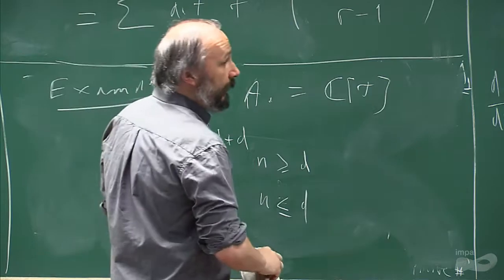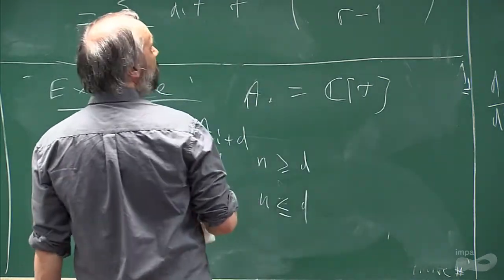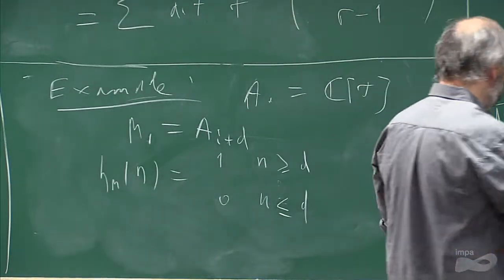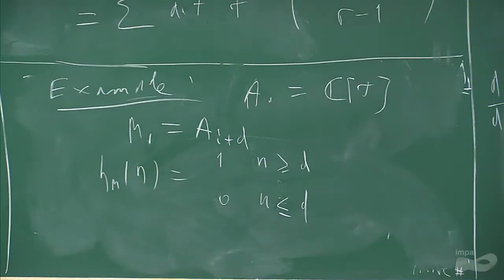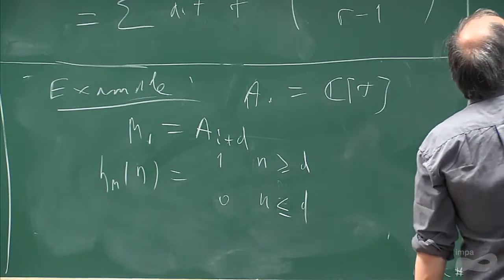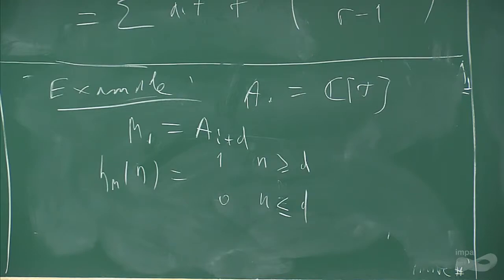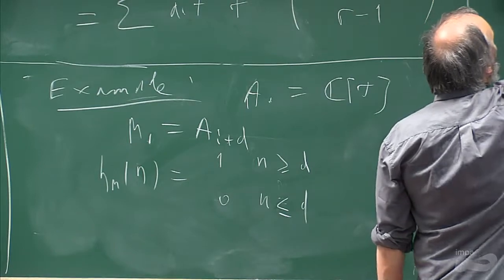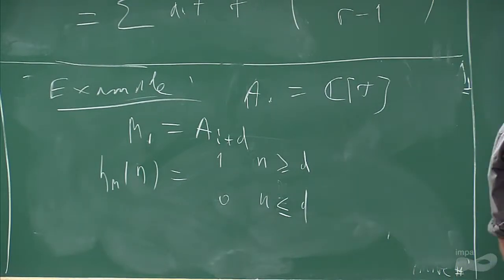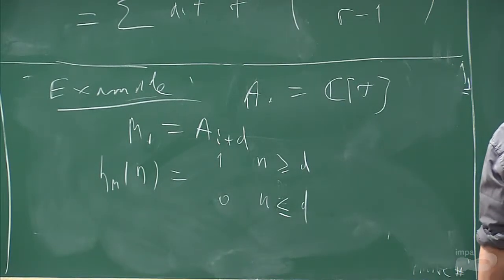And now I can give you a definition. Hilbert polynomial of a variety. This is very important. When you do algebraic geometry, you see these Hilbert polynomials all the time. So definition: you have a ring A star, a module M star.